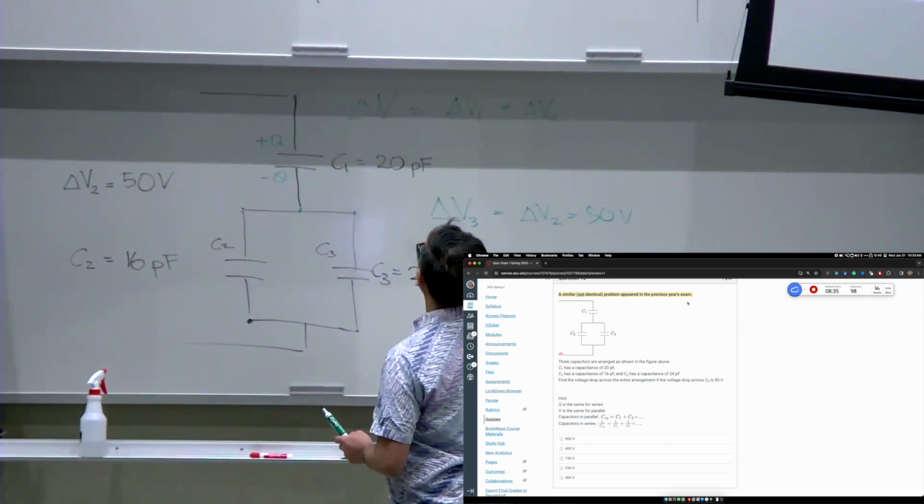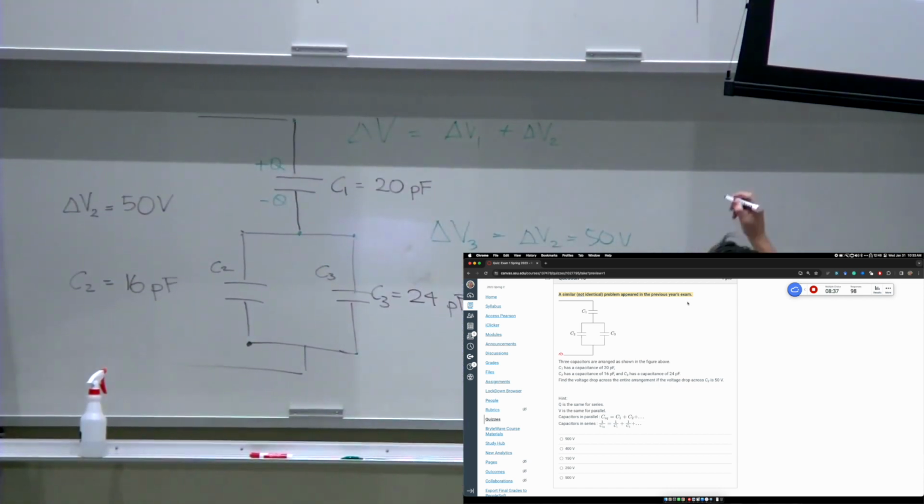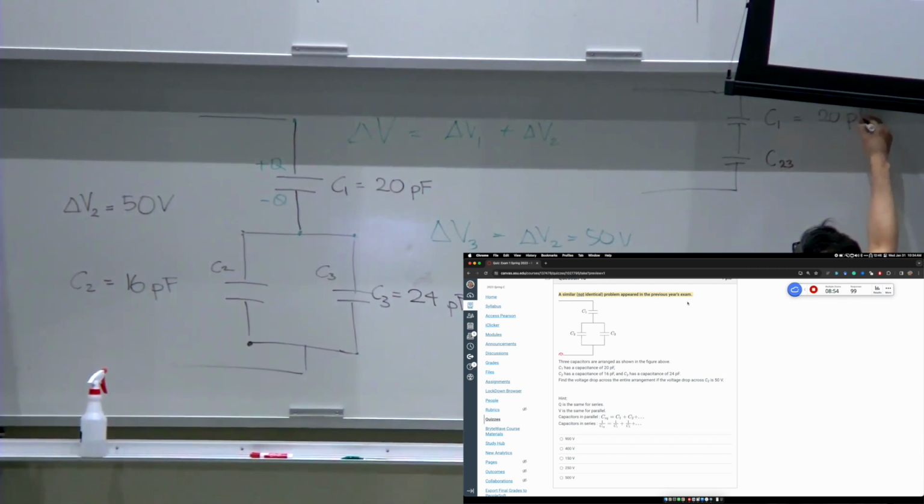So you can change the circuit into something like this. Right? So this is C1, this is C2, 3, or C equivalent. This is 20 picofarad.